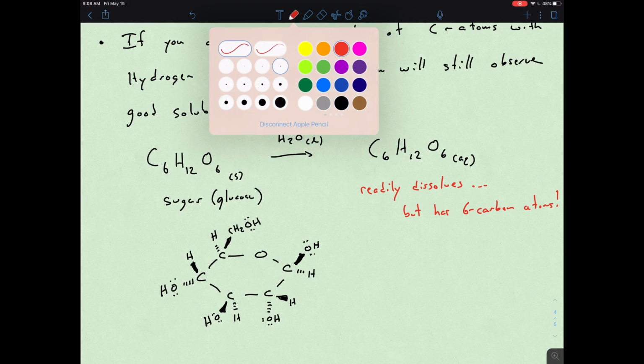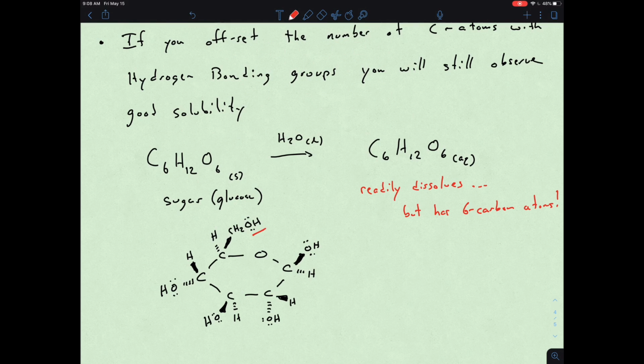So if we look, right, we have 1, 2, 3, 4, 5. So we have 5 OHs for 6 carbons.